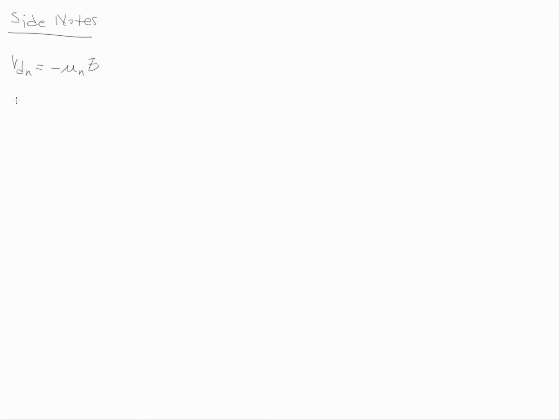This is what we just previously showed. And VdP is equal to mu sub p times E, the mobility times the electric field. And the side note basically says this is not quite true.